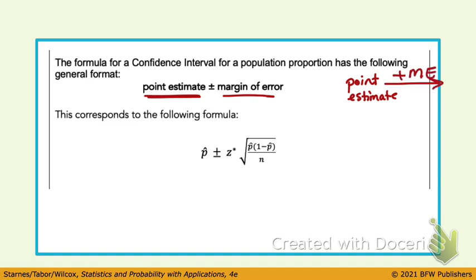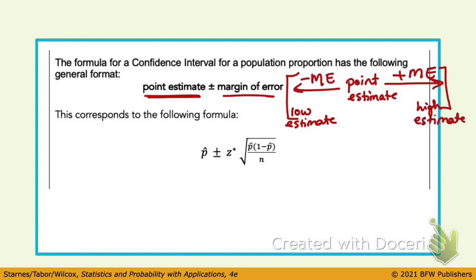That gives you your high value for your estimate, and you subtract your margin of error, and that gives you your low value for your estimate. Whatever this low estimate is and whatever this high estimate is become your interval. So you have your low, comma, high, and that becomes your confidence interval.